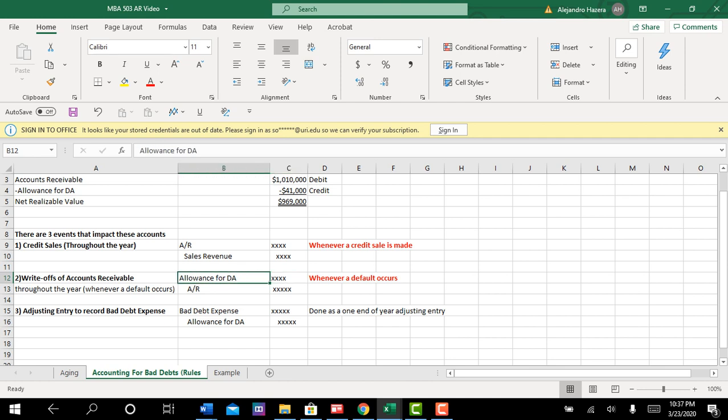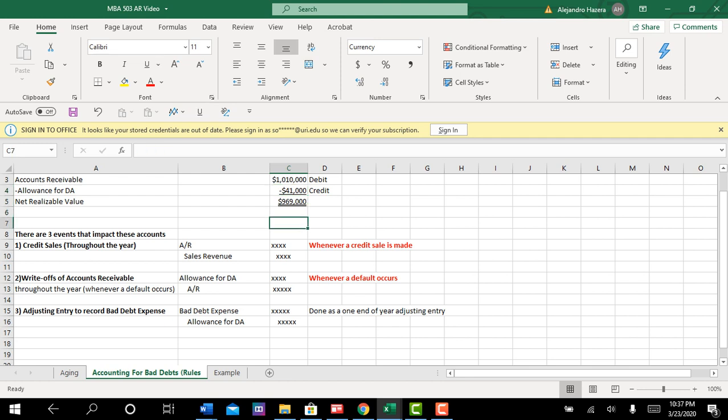Now, when you make this entry, keep in mind that since you're crediting accounts receivable, you're going to reduce accounts receivable with this credit. Also keep in mind that since you're debiting the allowance account, and the allowance account has a credit balance because it's a contra asset account, you're reducing that account also.